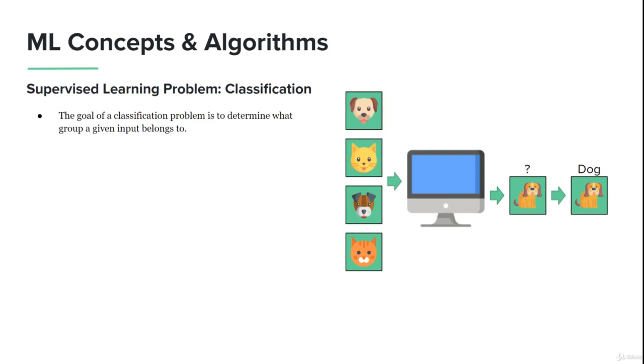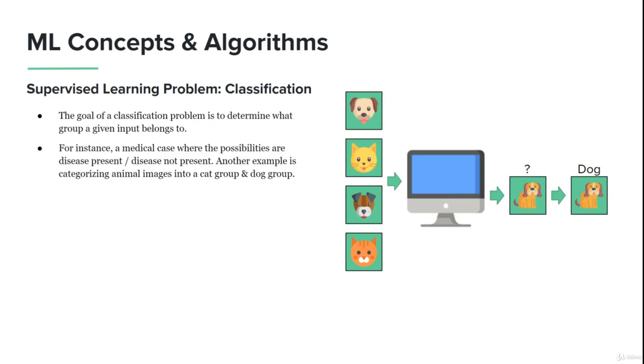What we're looking to do is understand how to get the machine learning algorithm to classify the right type of animal. For instance, a medical case where the possibilities are disease present or not present, and the other example, like I mentioned, the dogs and the cats, being able to classify them in the right group.